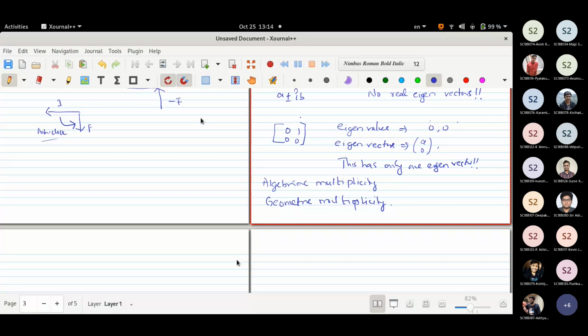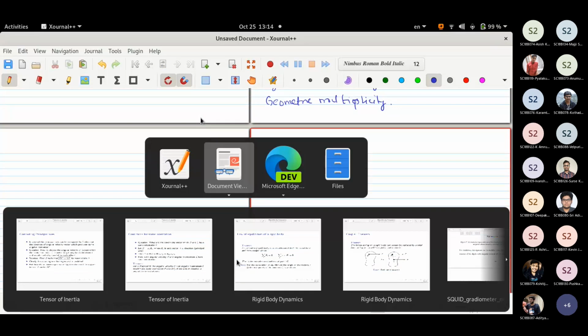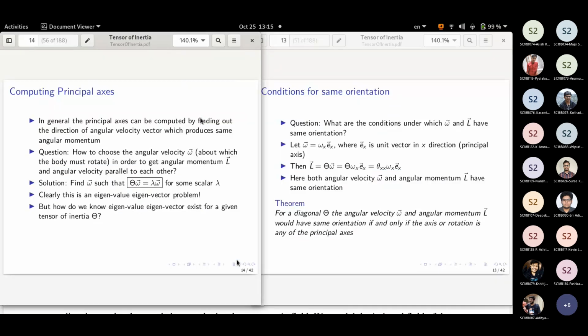First of all, the eigenvalues may not be real, and then there is an issue of how to interpret them. So how do we know eigenvalues and eigenvectors exist for a given tensor of inertia? The key is that theta, which we have already demonstrated is symmetric. So we will study the properties of symmetric matrices and see what happens.